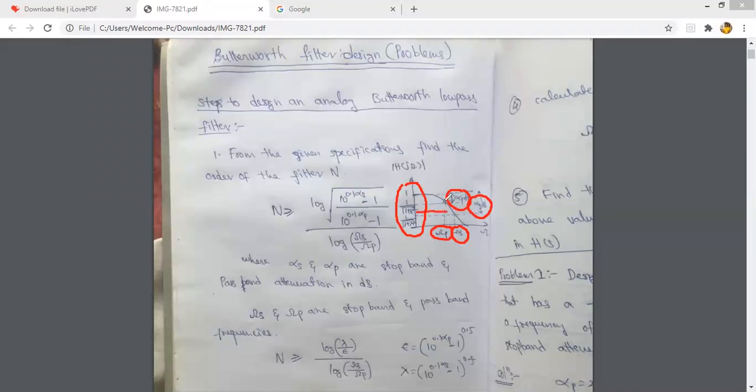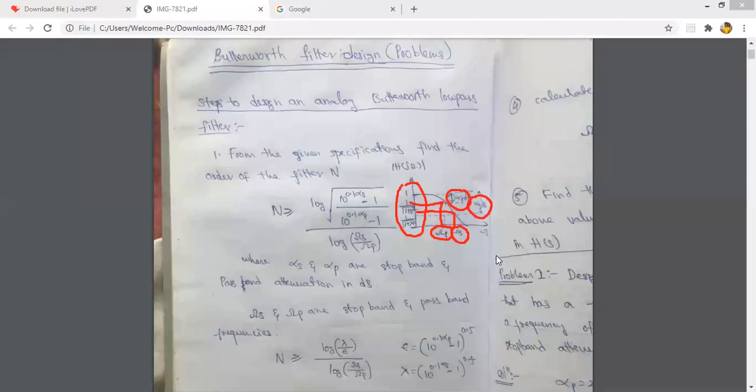So these are the four specifications: alpha p, alpha s, omega p, omega s, or 1 by root of 1 plus epsilon square, 1 by root of 1 plus lambda square, omega p, omega s. These four specifications are given every time we want to design the filter.